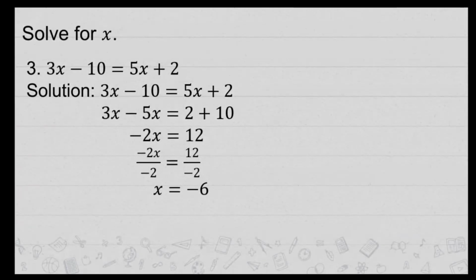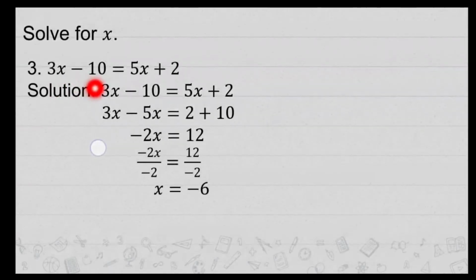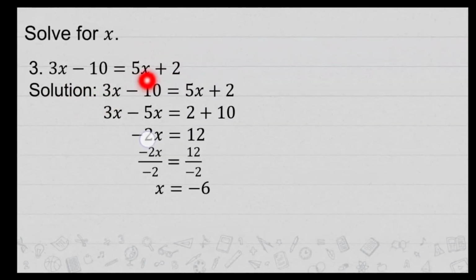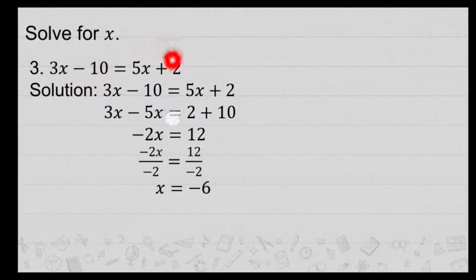So, another example, solve for x. 3x minus 10 is equal to 5x plus 2. So, in this case, we have to combine like terms. This 5x will be put on the other side, then negative 10 will be put on the other side.